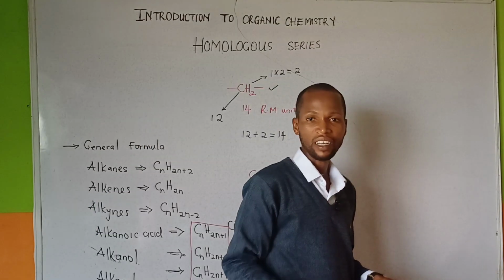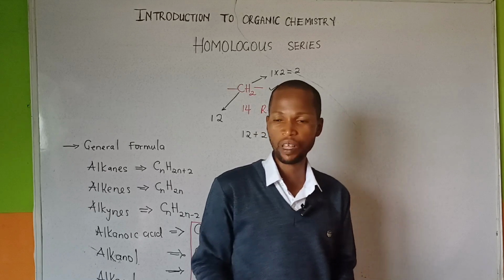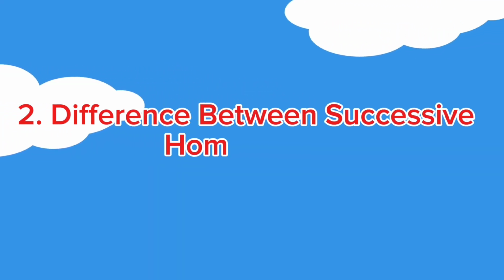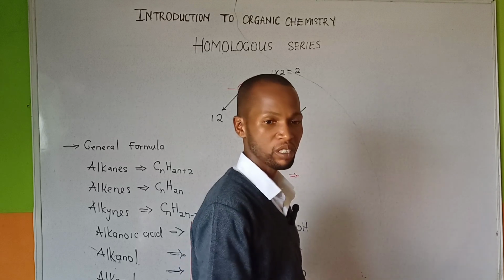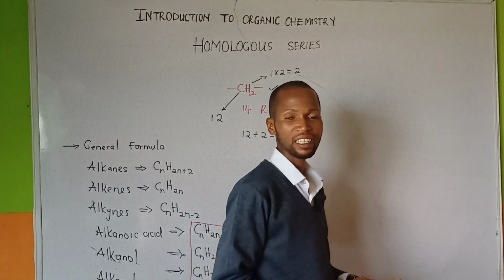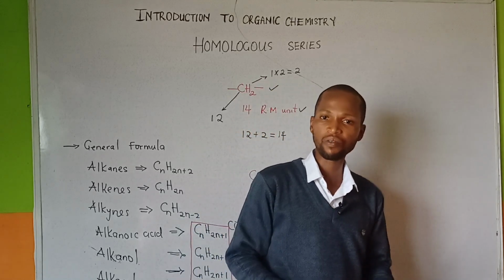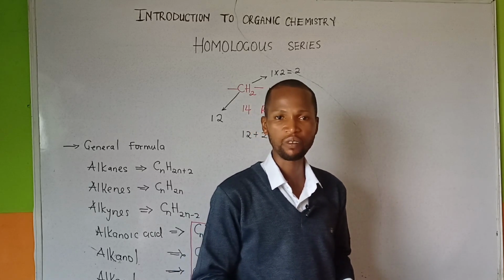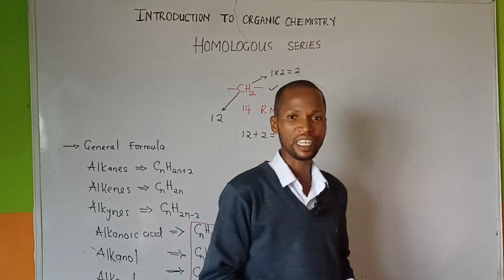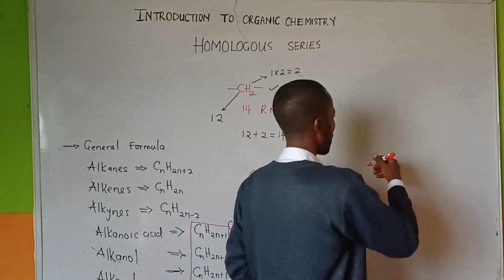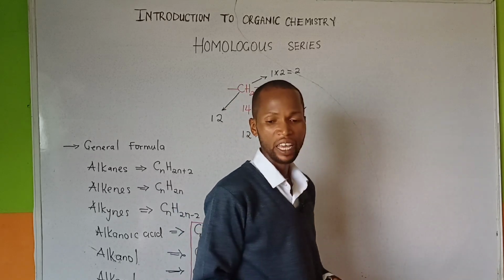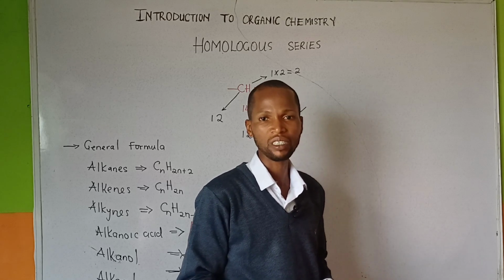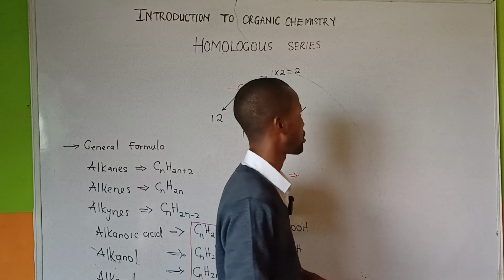The next characteristic of the homologous series that we are going to take is the difference between successive members of the series. Like I said earlier, the successive members differ from the next by a CH2 group or relative molecular mass unit of 14. So let's check that together. I explained using the alkane earlier, but this time around I'm going to consider another series, which is the alkene series.